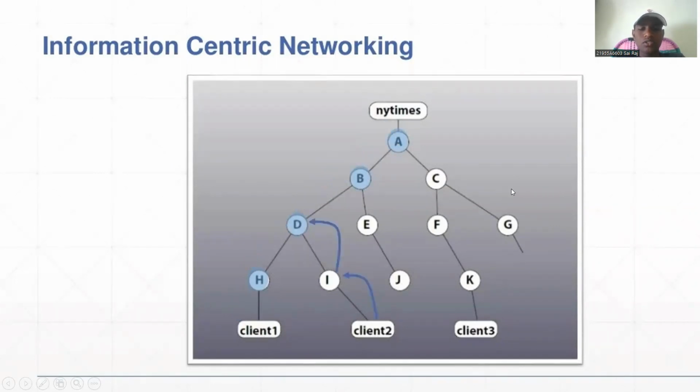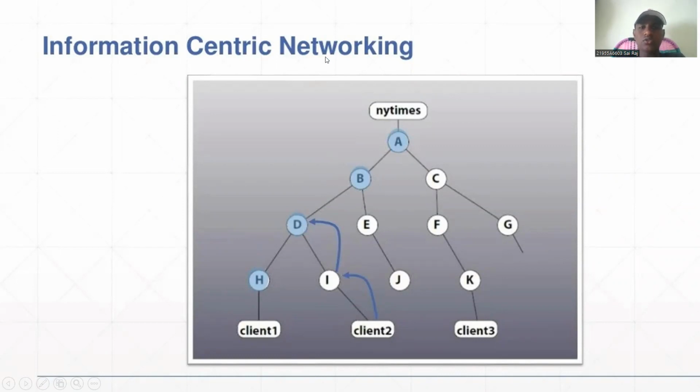For example, client 2 also requests the same data from the server after client 1. We already have the data at D, so we need not go to the server again. We can easily get the data from D using the secure connection.